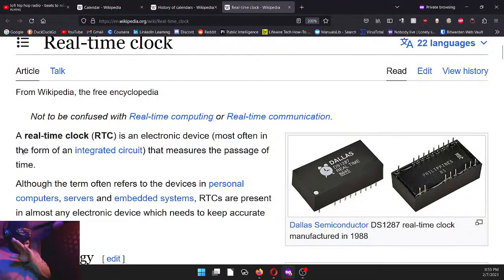A real-time clock, RTC, is an electronic device. Sorry about that. I feel like when I have to pronounce things, I tend to pronounce them in a bit of a dramatic way.